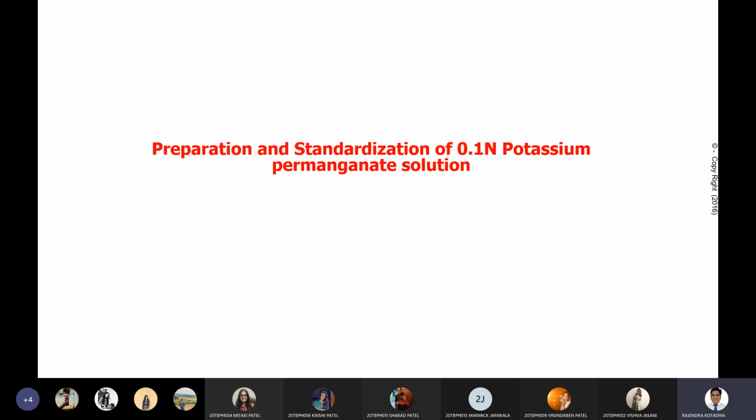That theory we need to recall while we focus on preparation and standardization of 0.1 normal potassium permanganate solution. In the case of potassium permanganate solution, that is also based on the principle of redox titration or redox reaction, so that involves oxidation as well as reduction.